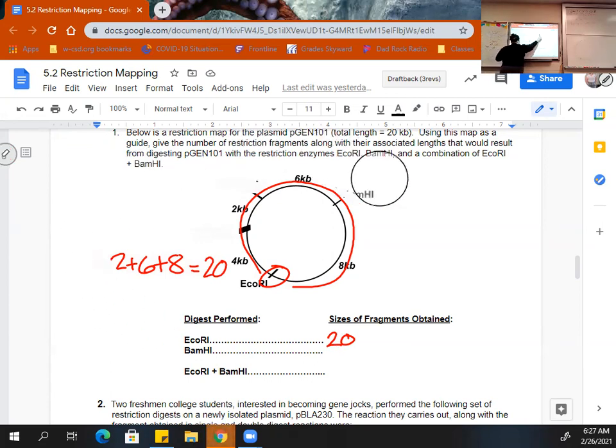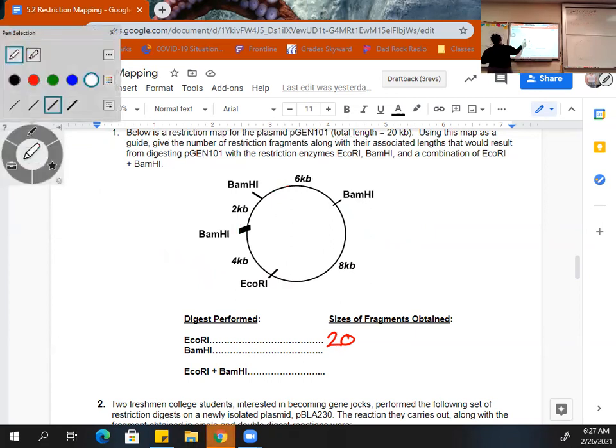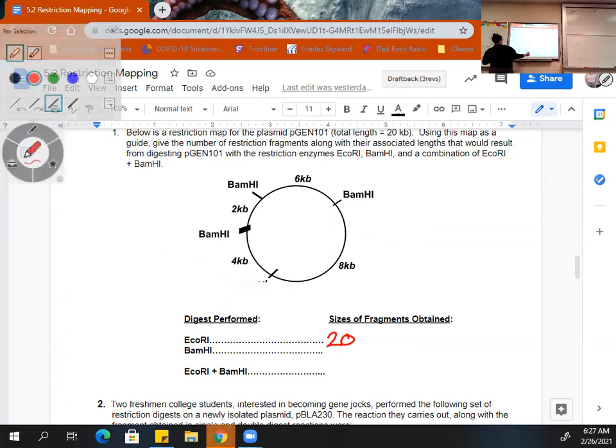Then we are going to do the opposite. When we are looking for BamHI, we are going to pretend that EcoRI is not there. So we can see that we have one fragment here, one fragment here, and one fragment all around here.